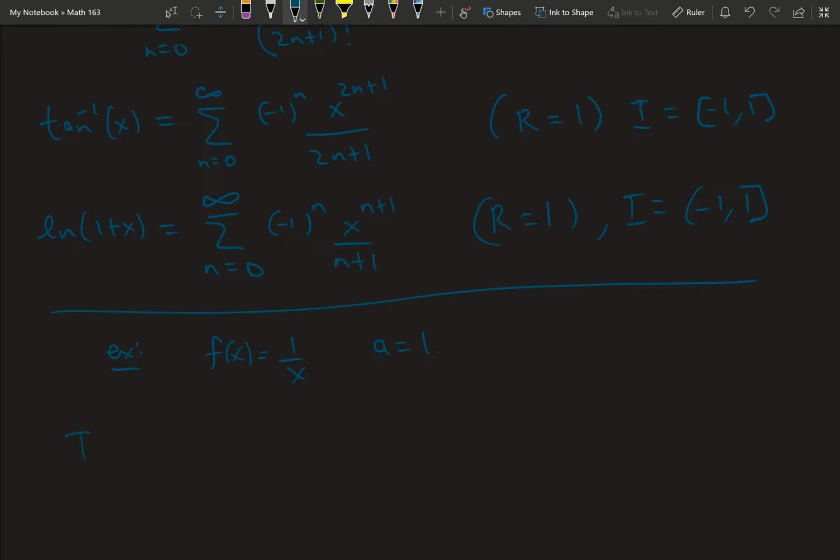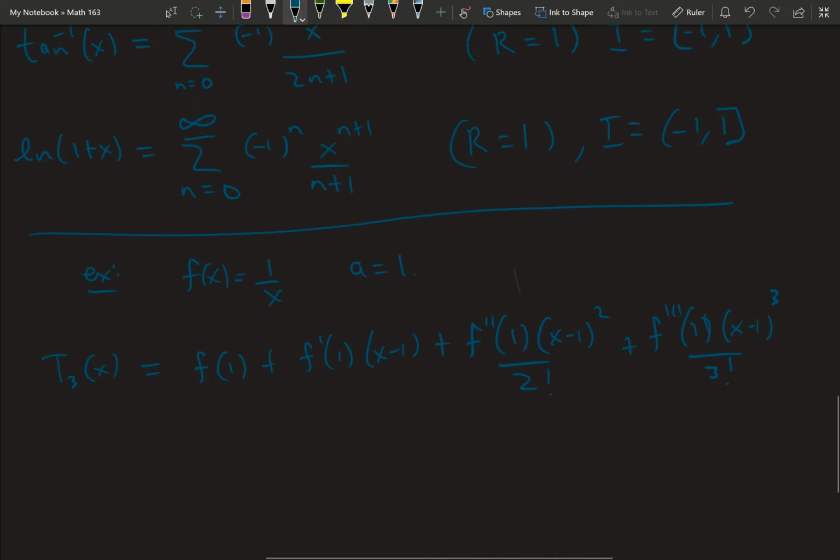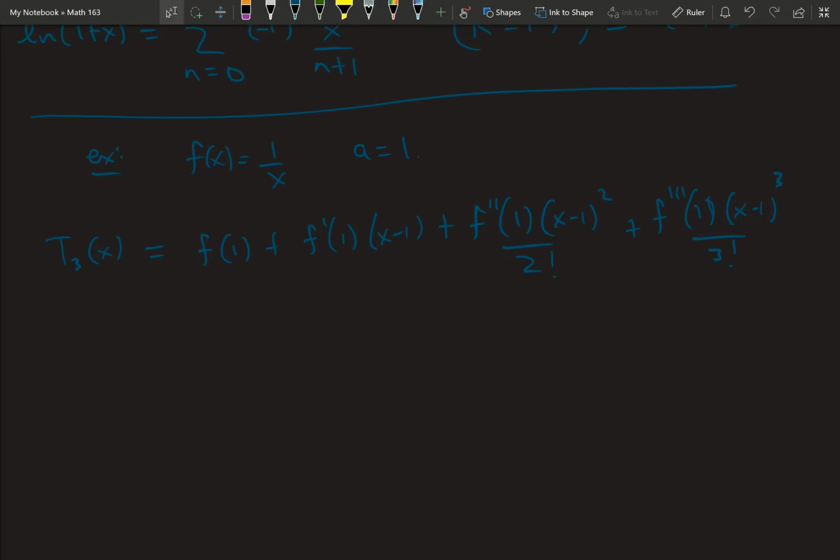Let's find, say, the third order Taylor approximation, which is f of 1 plus f prime of 1 times x minus 1 plus f double prime of 1 times x minus 1 squared over 2 factorial, and then the third order term x minus 1 cubed over 3 factorial. So this is the third order Taylor approximation. I'm not finding the whole Taylor series. There may be a problem in the homework that deals with that, if I'm not mistaken.